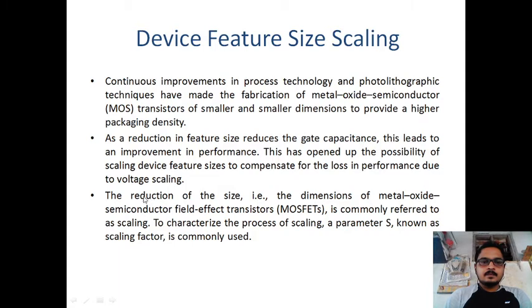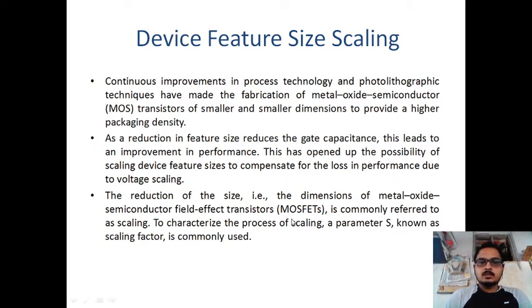Then see the third point. The reduction of the dimensions of the metal oxide semiconductor field effect transistor, that is MOSFETs, is commonly referred to as scaling. When you reduce the size of the MOS transistor, that process is scaling.